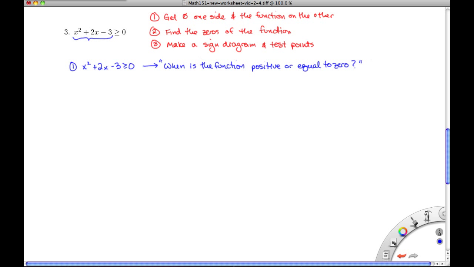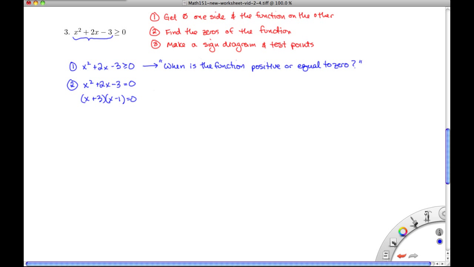So we're going to answer the equal to 0 question in this second step. We're going to take the function x squared plus 2x minus 3 and find the zeros by setting it equal to 0 and solving. We could try factoring. We could use the quadratic formula. In this particular case, it is going to factor rather nicely. So we've got x plus 3, x minus 1 equals 0.